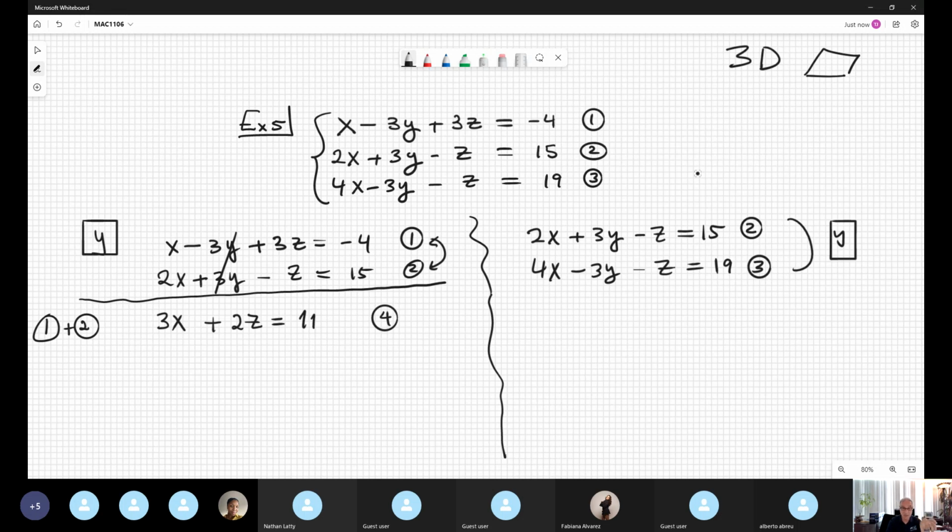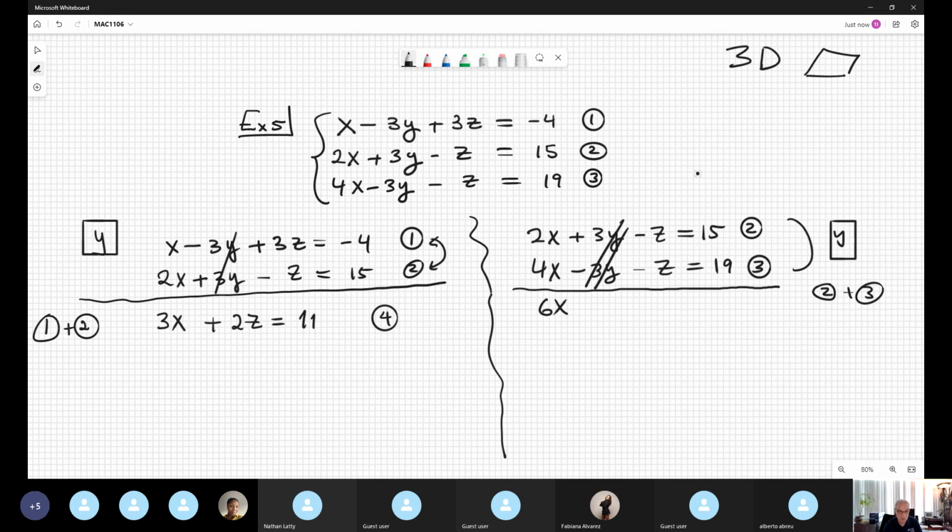So you eliminate y in the first couple because the sign is opposite. In the second couple, of course, it's a coincidence. I created this example intentionally, extremely easy. In equation 2 plus equation 3, you have 6x. The y is cancelled.